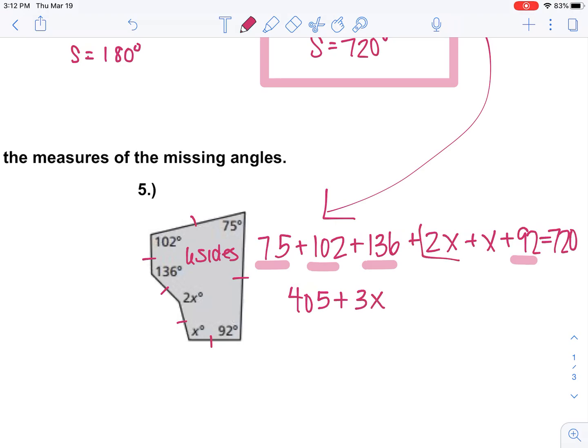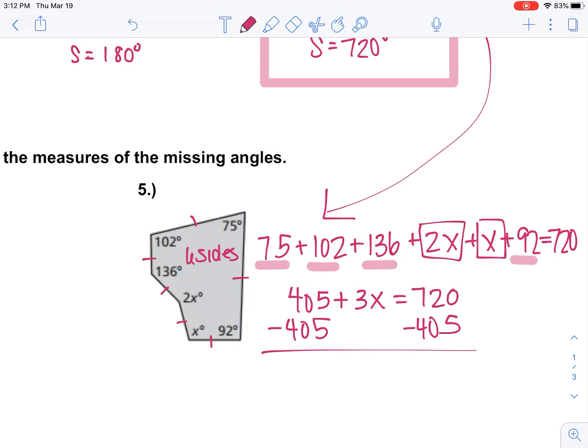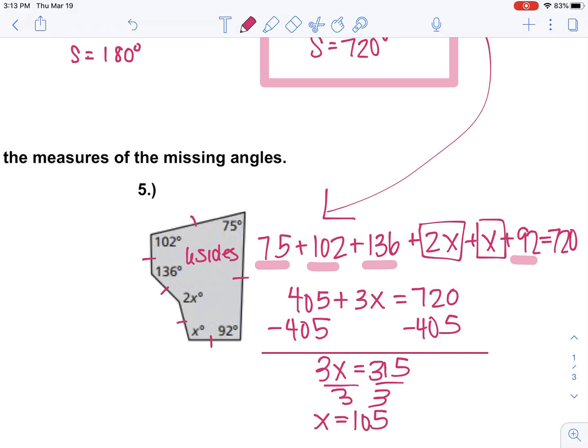plus 3x, because I have two coefficient x's, equals 720, which takes us into solving a two-step equation versus a one-step equation. So we take away that 405 from both sides. So we get 3x equals 315. We divide by 3, I almost said 5, and we get 105 for x.